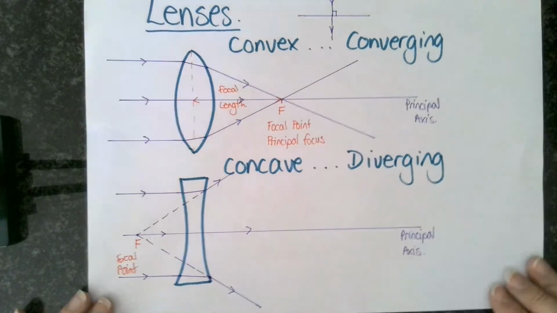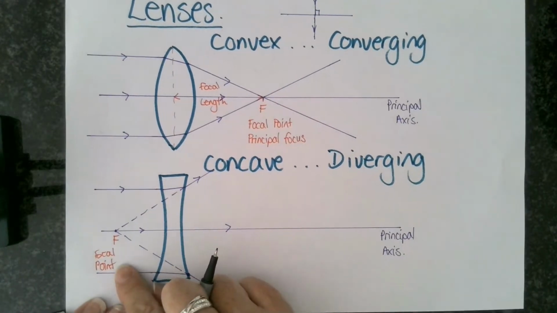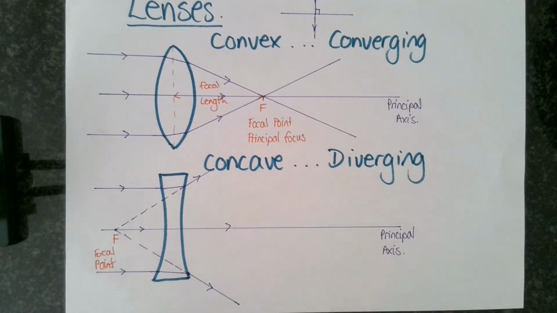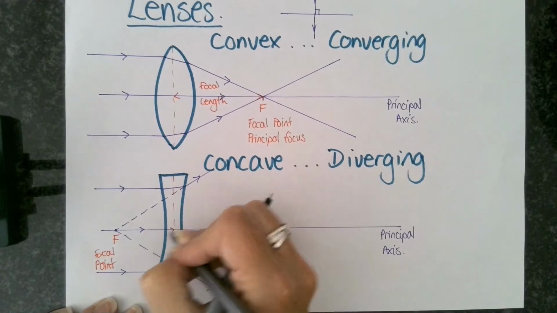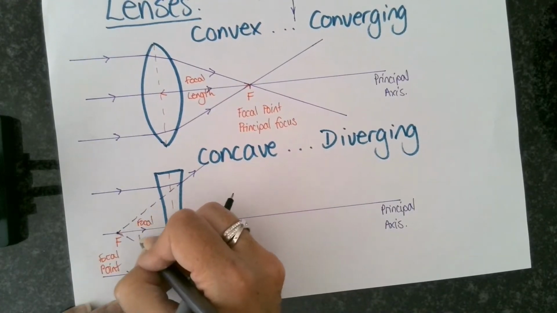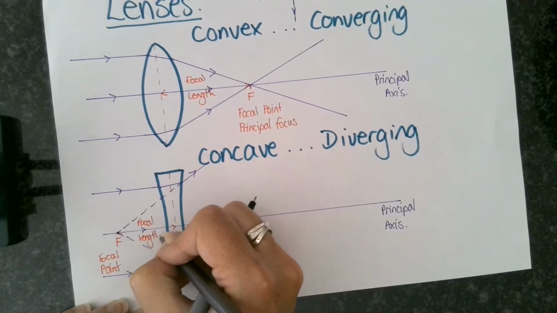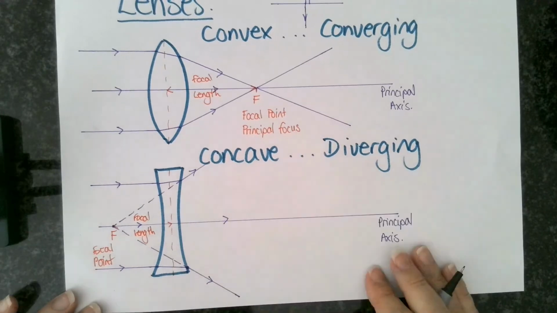I would tell myself off if I was in class. Right, so we've got our focal point, principal axis, and again, as with our convex lens, we also have our focal length, the distance from the centre of the lens to the focal point.